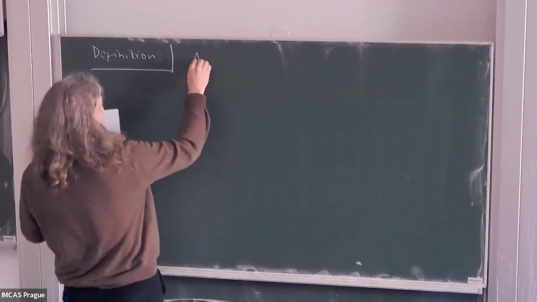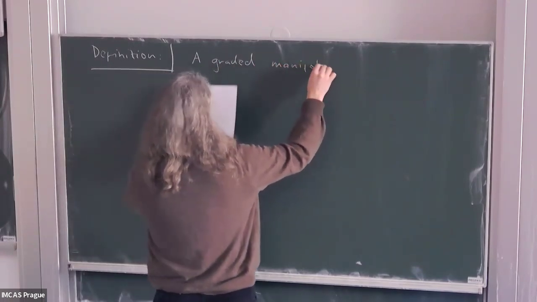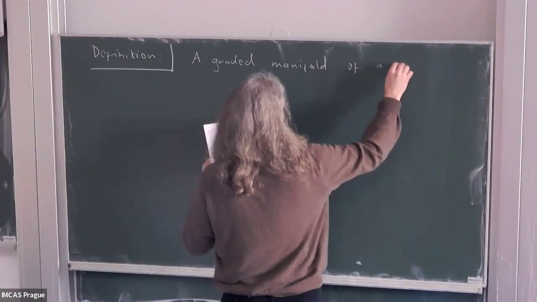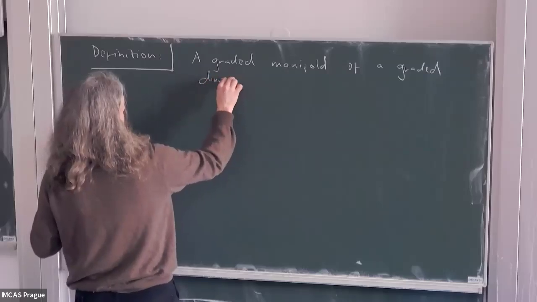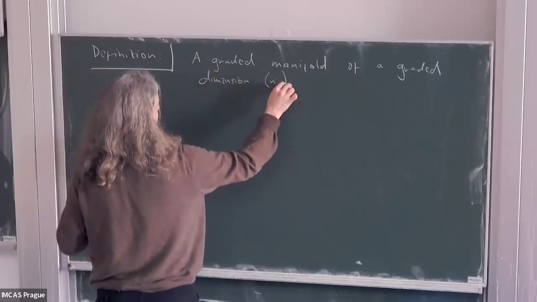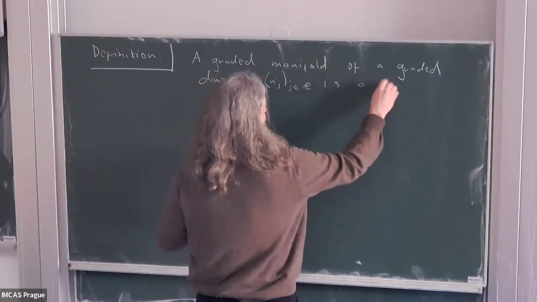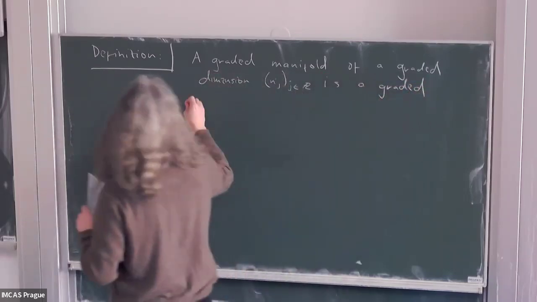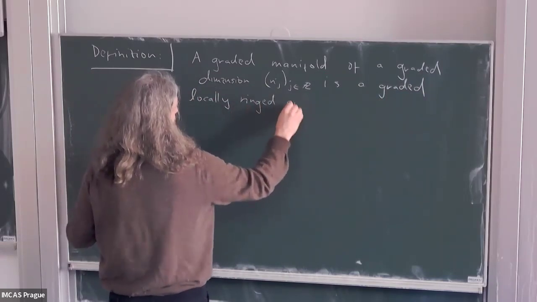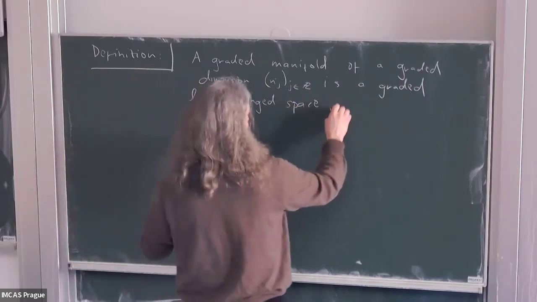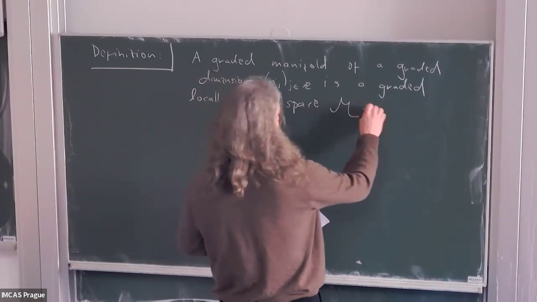Okay, so a graded manifold of a graded dimension, so graded dimension is a sequence of non-negative integers, is a graded locally ringed space curly M. So we always denote graded manifolds by curly capital Latin letters.